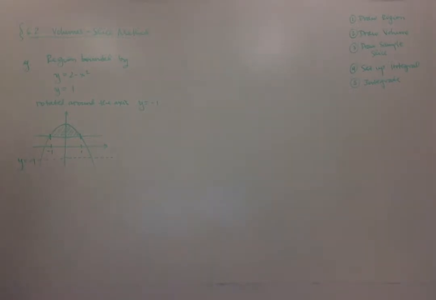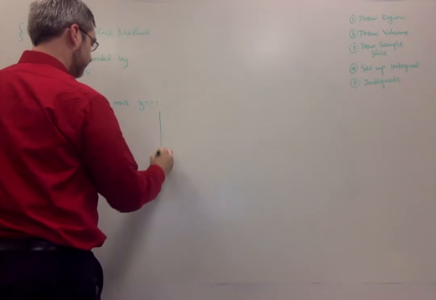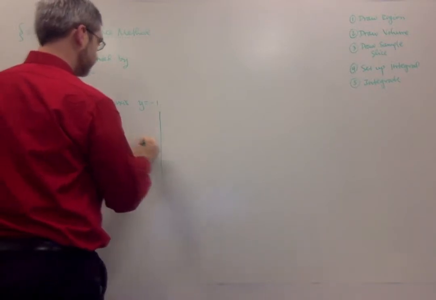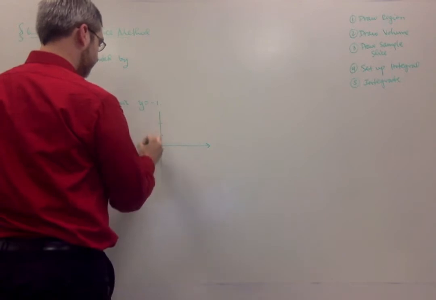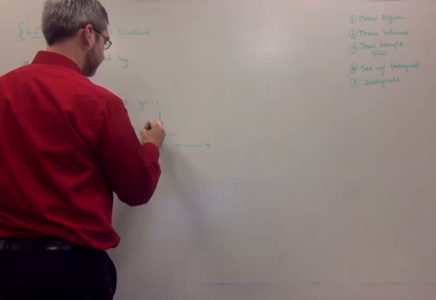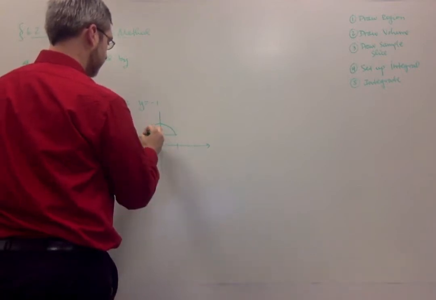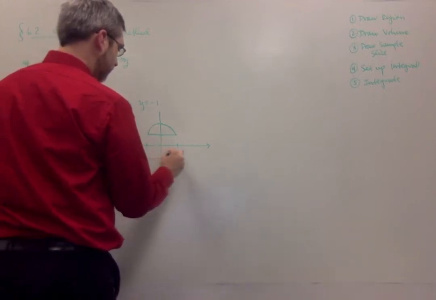So what we're going to do now is draw this region rotated around this axis. First we're just going to draw the region from -1 to 1. That's the region, and then the axis is here at y equals -1.